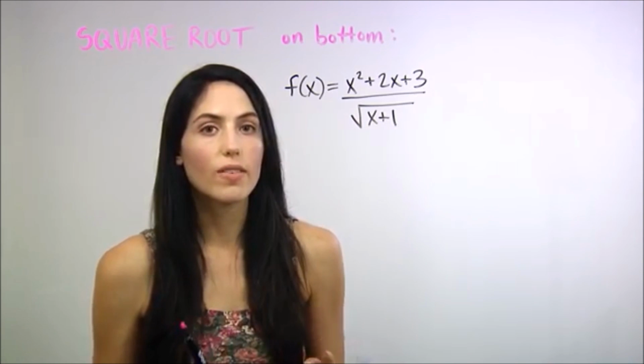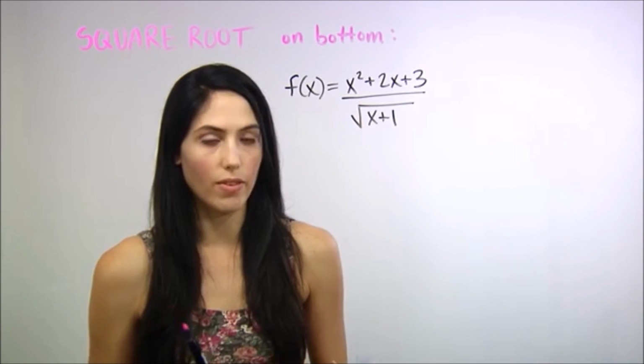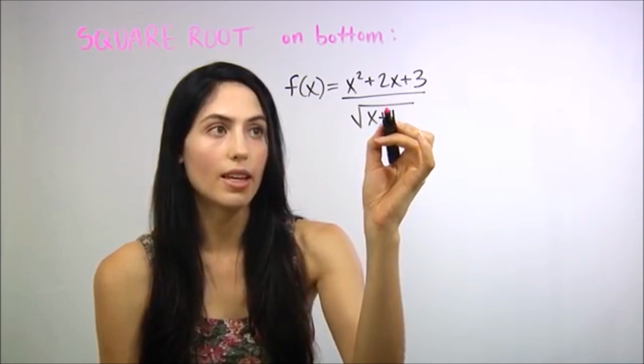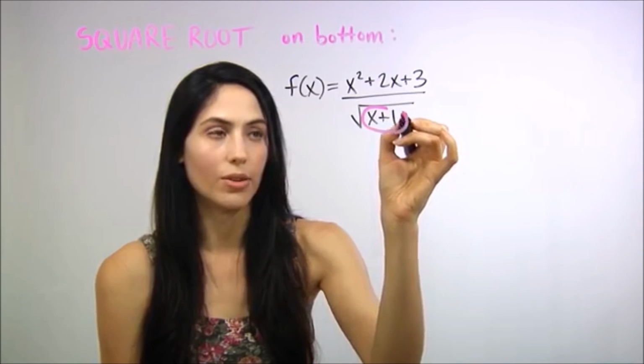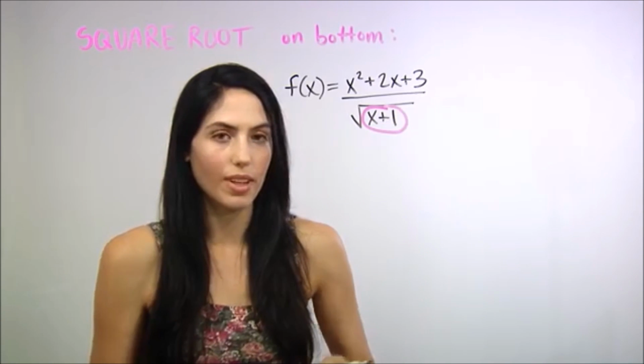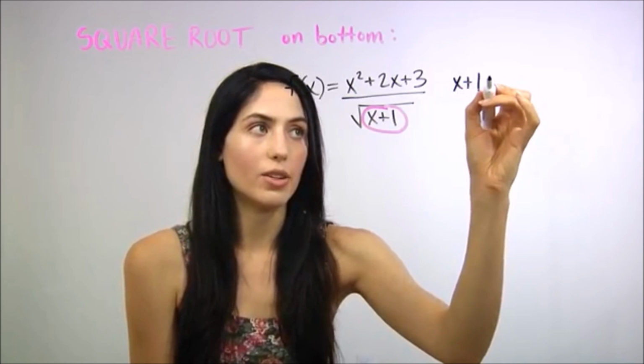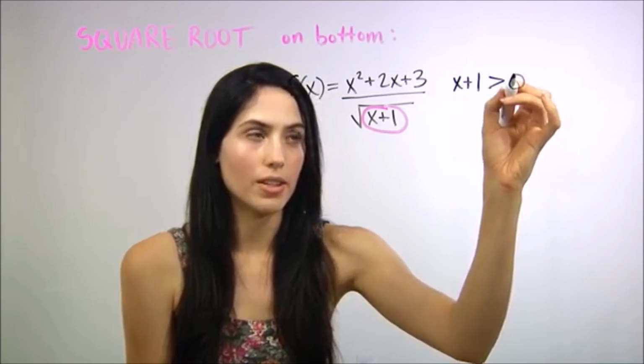Okay, if you have a square root in the bottom of your fraction, all you need to do is take the expression under the root, x plus 1, and set it greater than 0.